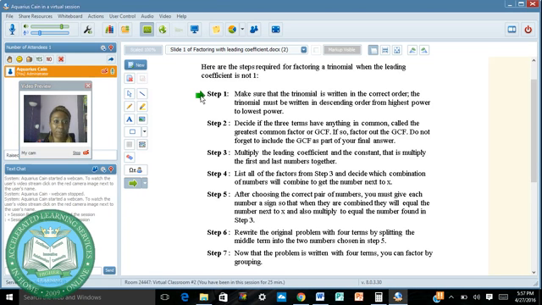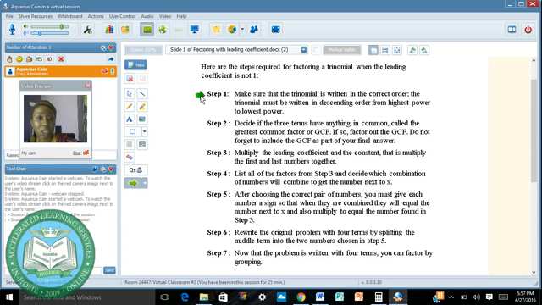The first step is to make sure that the trinomial is written in the correct order. When we talk about the correct order, we're going from descending, which means from the highest power to the lowest power. And keep in mind, a trinomial, tri means 3, so a trinomial means that we have 3 terms in this particular polynomial.